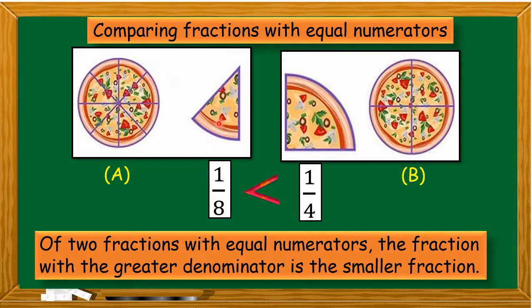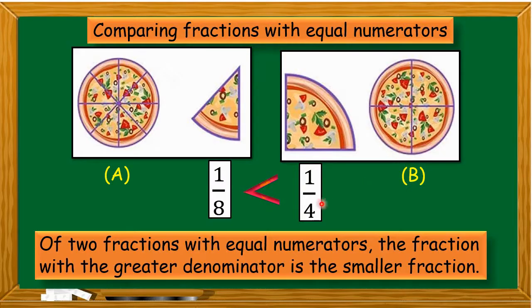Pizza in figure B is divided into 4 equal parts, and here out of 4, one part is shown. Now, one part out of 8 can be represented as 1 upon 8 as a fraction, and one part out of 4 parts can be represented as the fraction 1 upon 4.